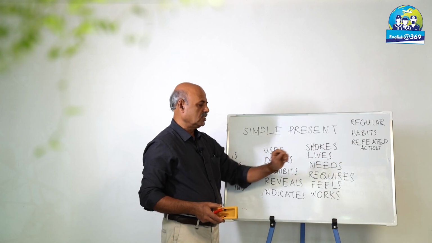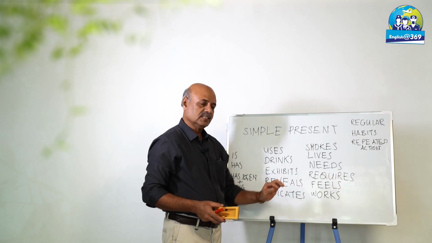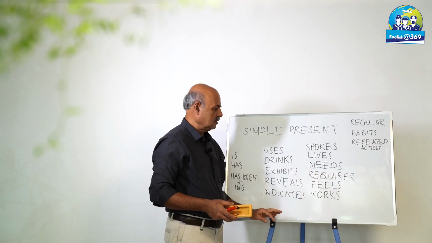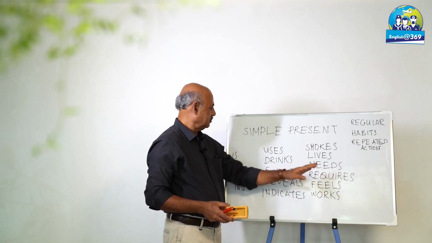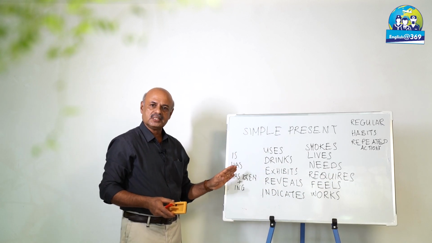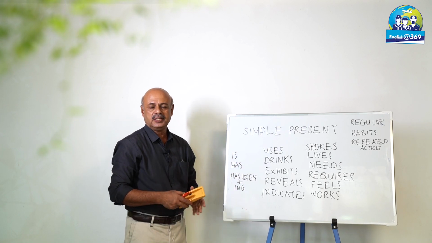Mr. John lives. She needs or he requires. She feels or he feels. John works. All these words, we find them in OET. What do I mean by this? You find them in OET.